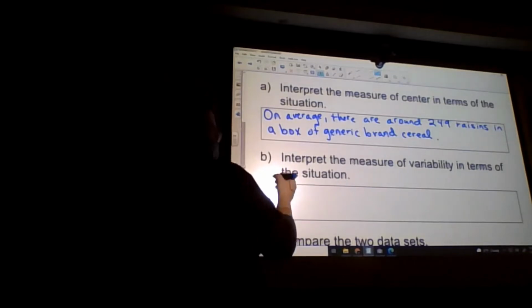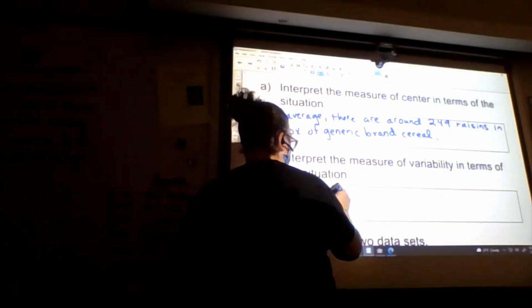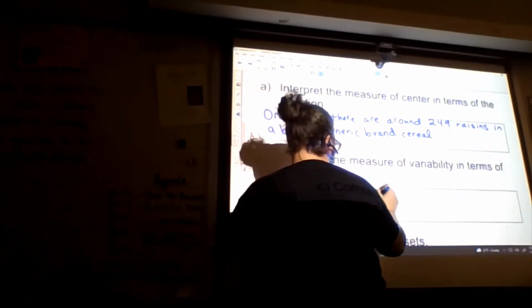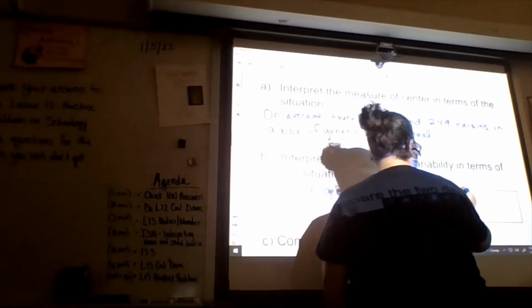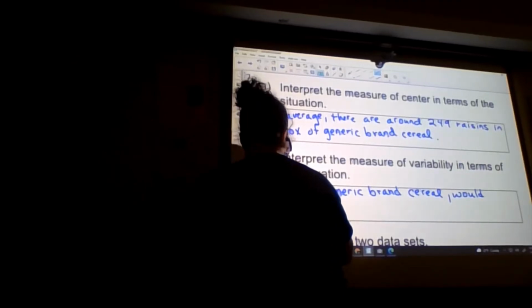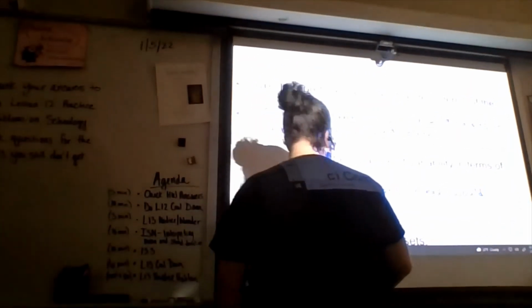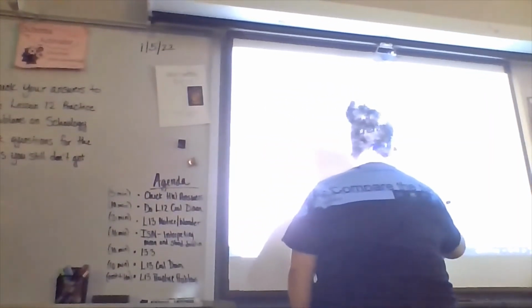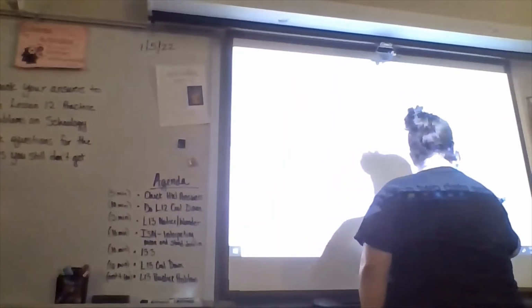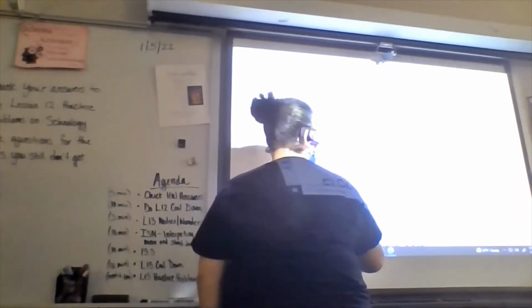A box of this generic brand cereal would generally have 26 more or 26 less raisins than the average, which is 249 for this one.